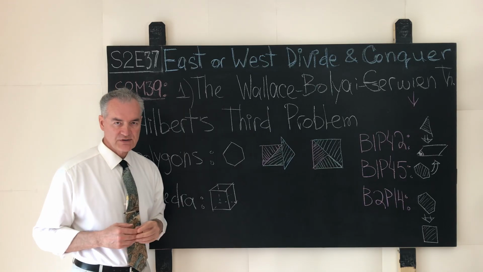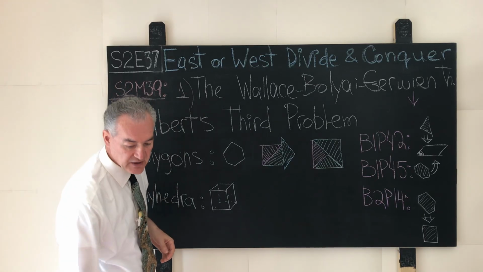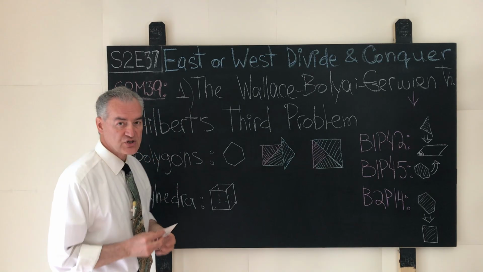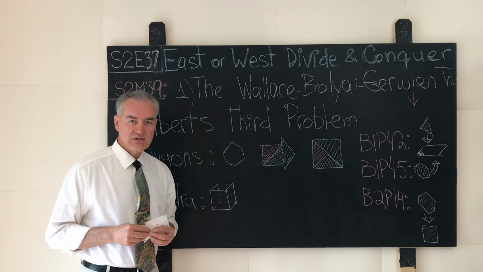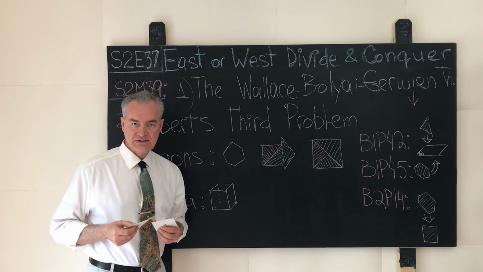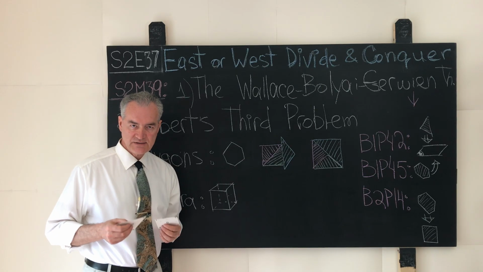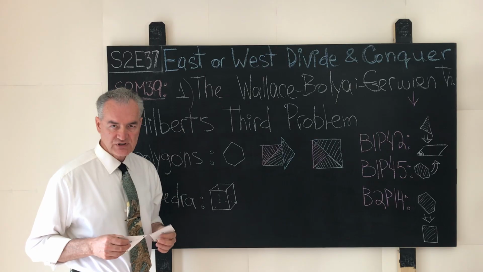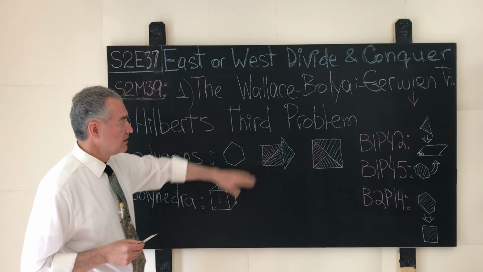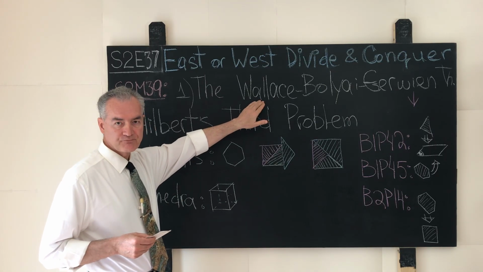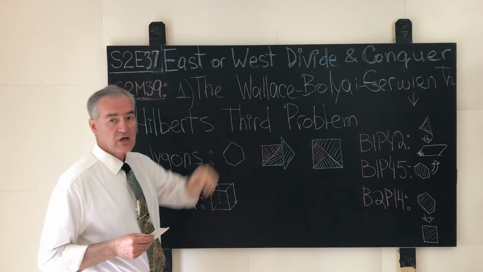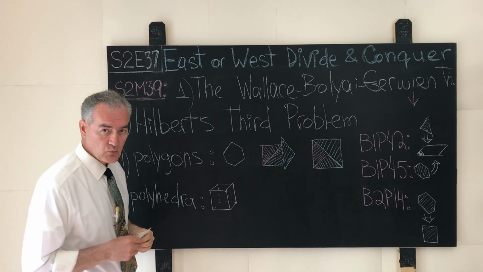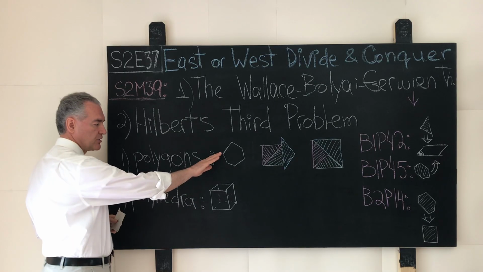That shape is known as a polygon, and a general term for two-dimensional shapes is lamina, but in the most general case, a lamina does not have to be delineated by line segments. A lamina shape can be delineated by curved lines, for example, but again, in the Wallace-Bolyai-Gerwien theorem, the only material that we're dealing with is precisely polygons.